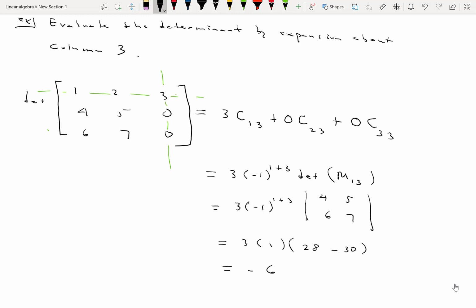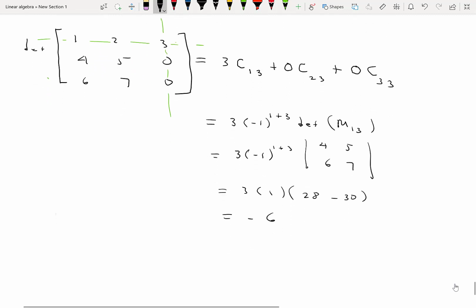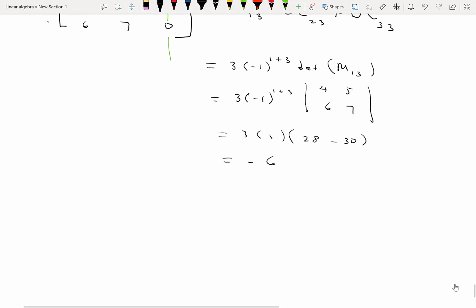So what would the formula generally look like for the cofactor expansion about column J?